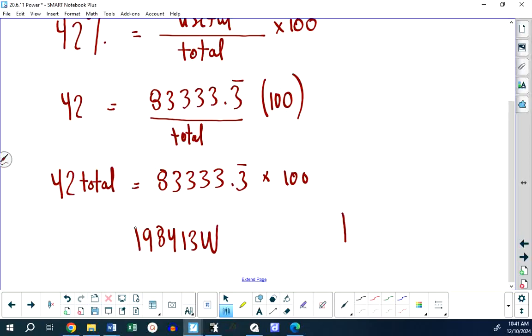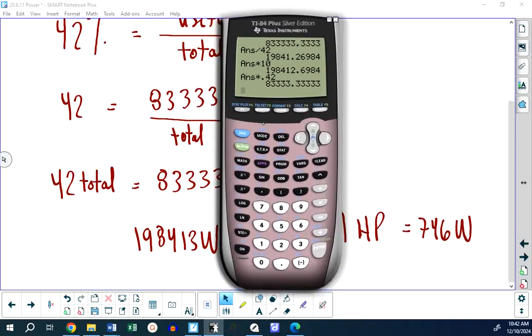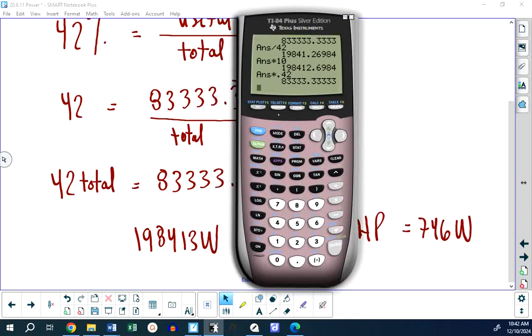But 1 horsepower equals 746 watts. So if we divide that total power in watts by 746, we get the horsepower of the engine. So about 266 horsepower.